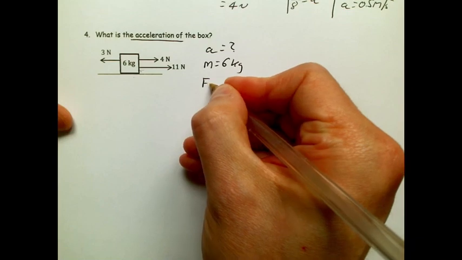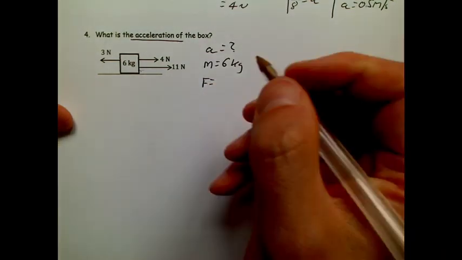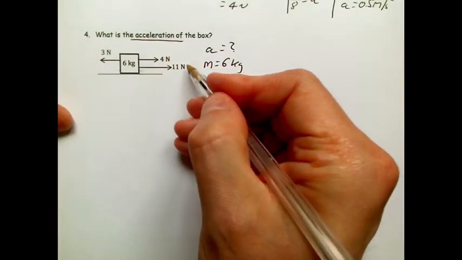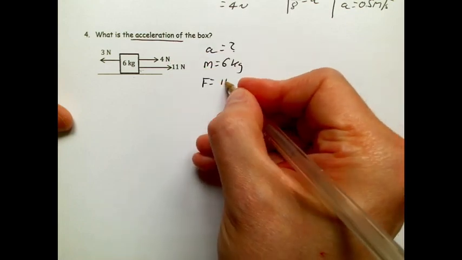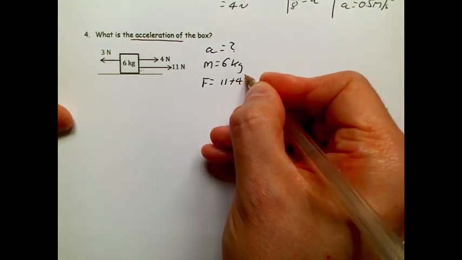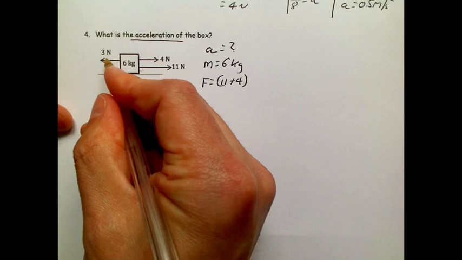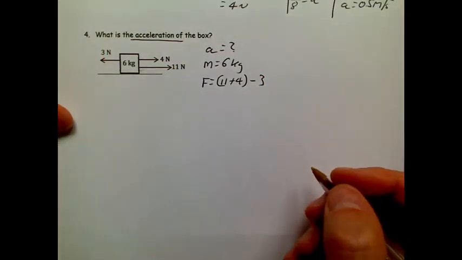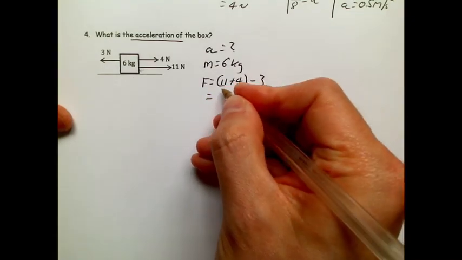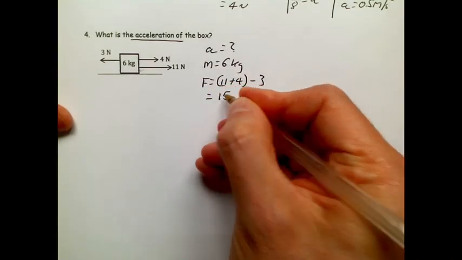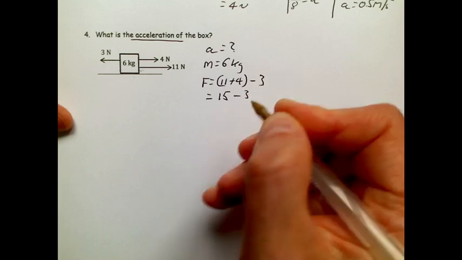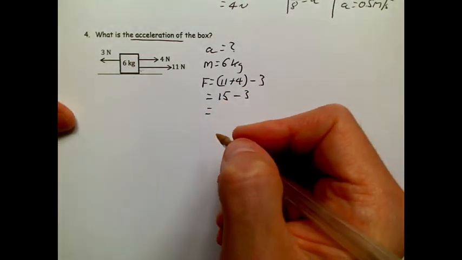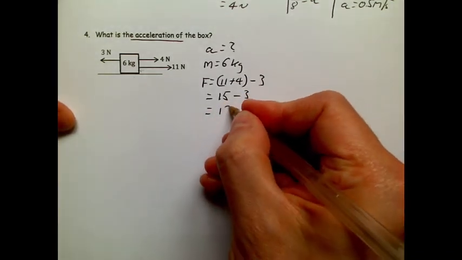So my force overall, the resultant force, is going to be, well, I need to add these together, so that's 11 plus 4, and then I need to take away the 3 that's acting the other direction. So let's simplify that down. So 11 plus 4 is 15, and then take away the 3. 15 take away 3 is 12 newtons.